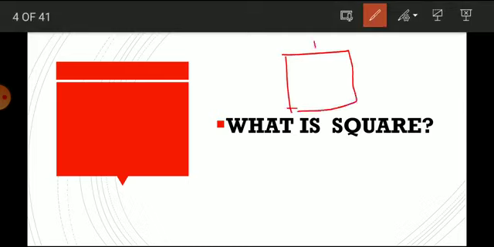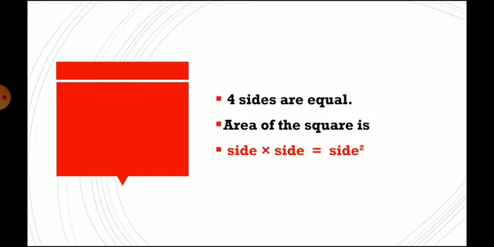Here the four sides are equal, right? If this one side is 4 centimeter or 4 meter, the other three sides are also 4 centimeter or meter. See here, the four sides are equal in a square.